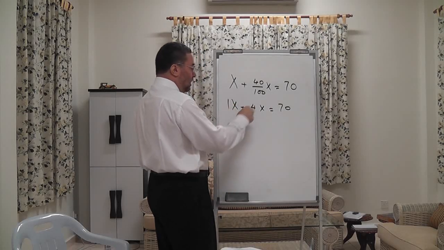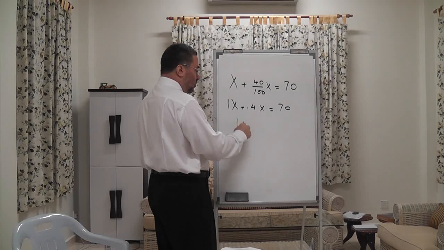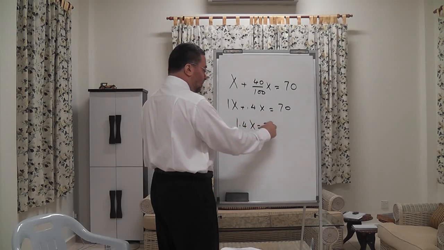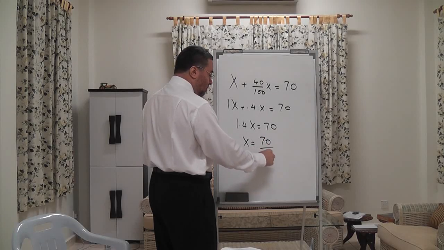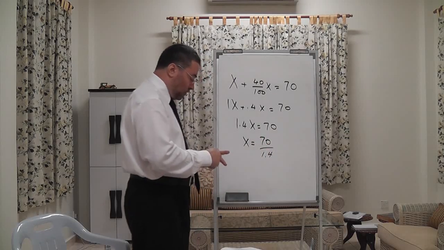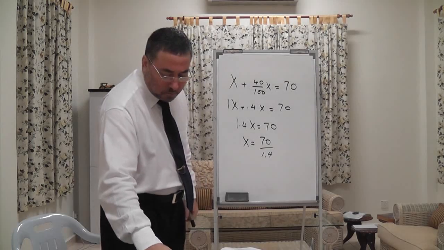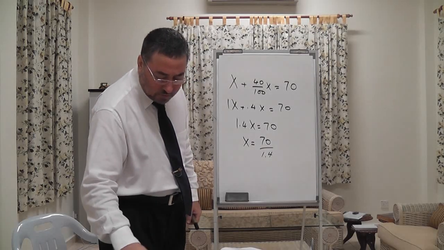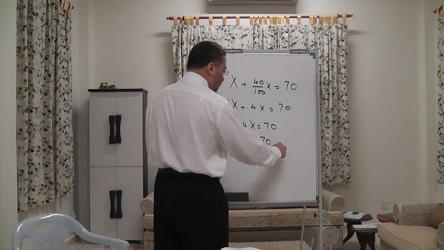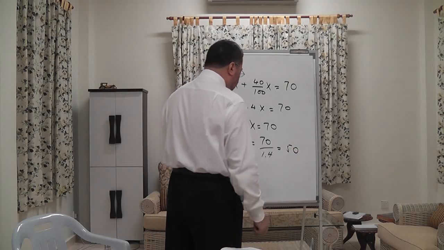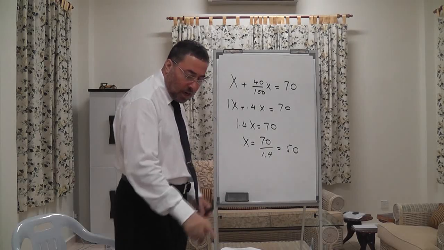This is 1x added to 0.4x, that will be 1.4x equals 70. And x equals 70 over 1.4. Divide everything by 1.4. 70 divided by 1.4 is equal to $50. So this is the cost of this item.